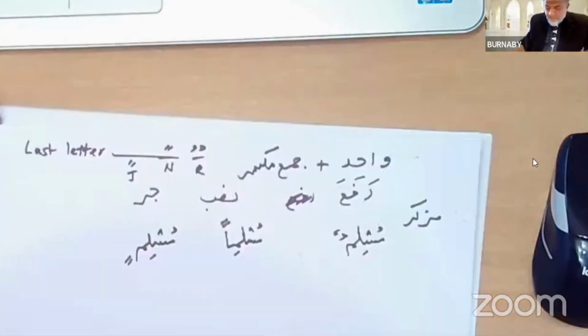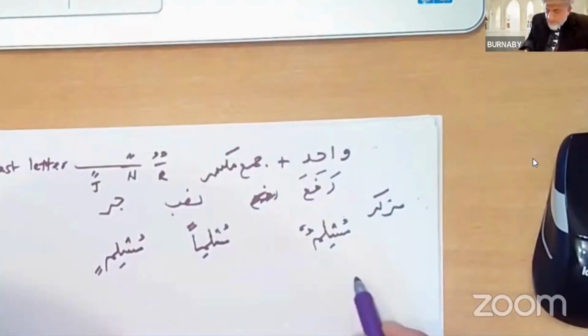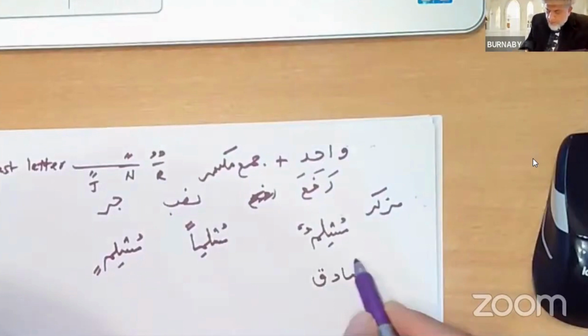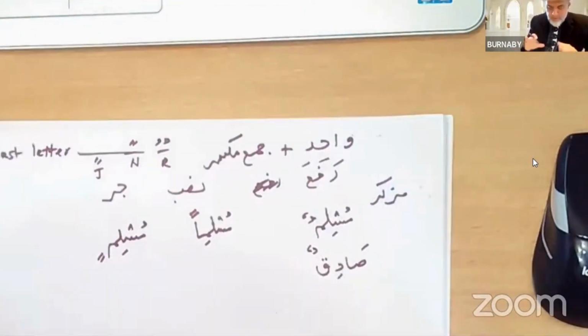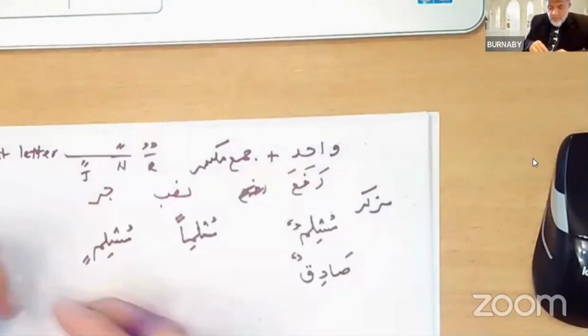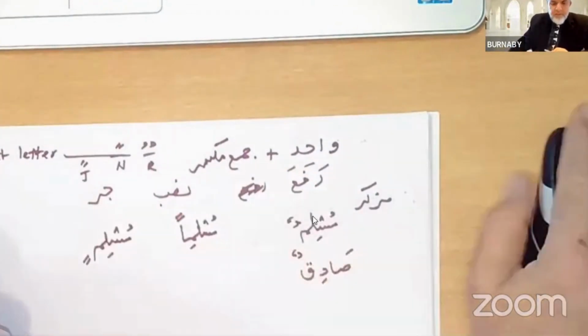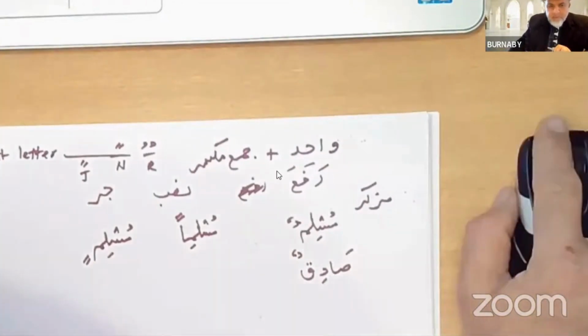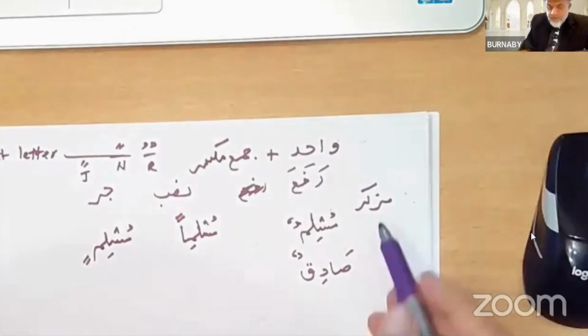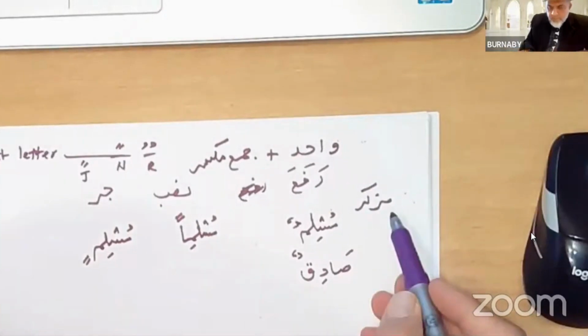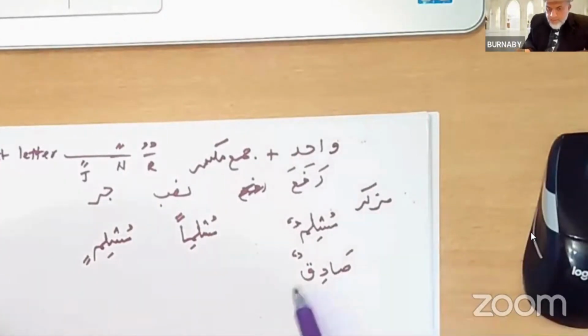Now, if I give you another word, let's say Sadiqun. I need somebody new to help me out. Let me start with some sister first. Sister Amirun Nisa, is Sadiqun Mudhakkar? Yes. Is it singular here?